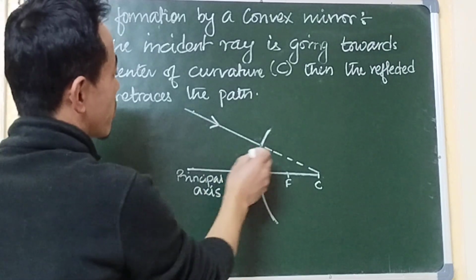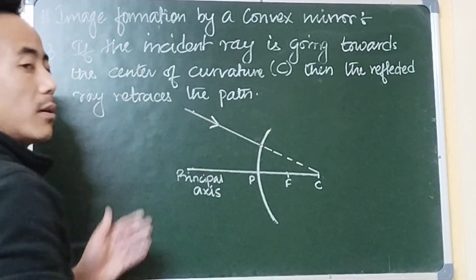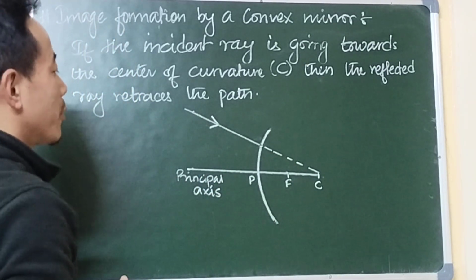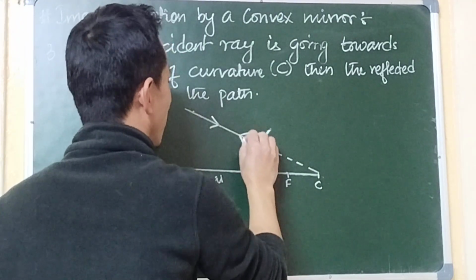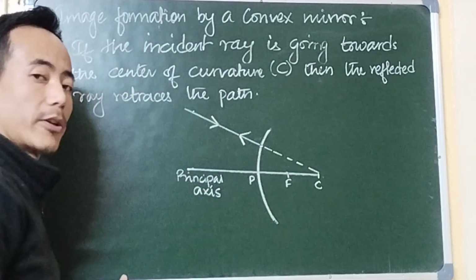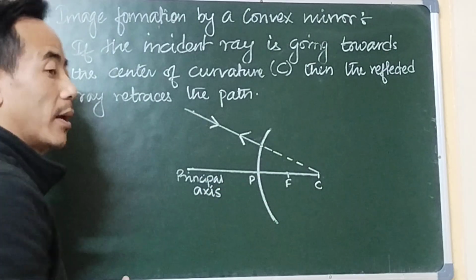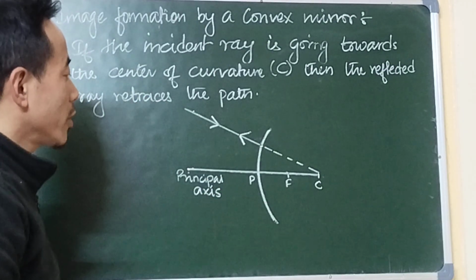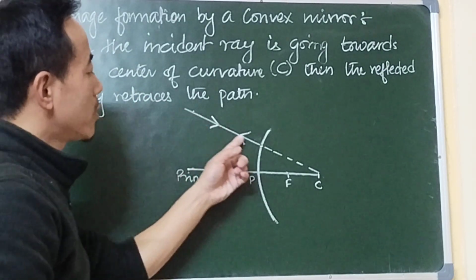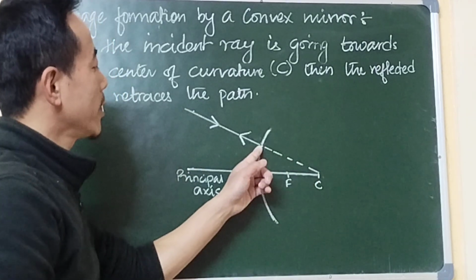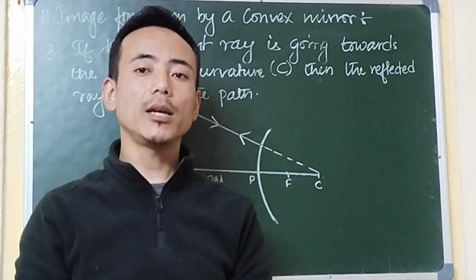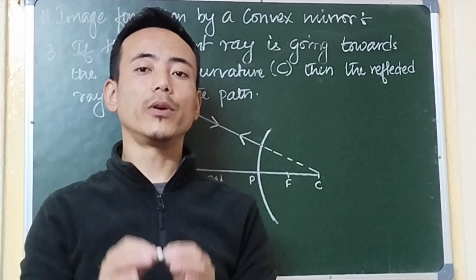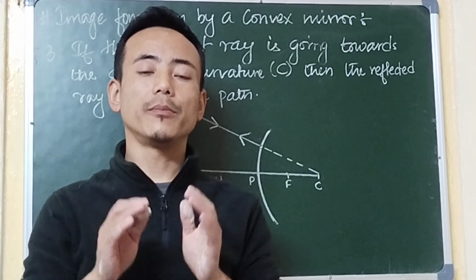As soon as it strikes the mirror, it follows the path in the backward direction. That means the reflected ray will move in the same path but in the opposite direction. So rule number 3: if the incident ray is going towards the center of curvature, the reflected ray will retrace its path.